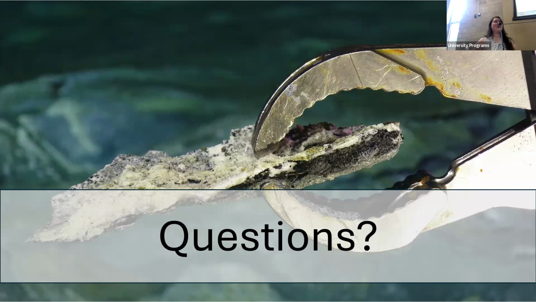Okay, so the first question was, these organisms are growing in sediments on a geological timescale. So what is the growth rate of these organisms, and how long do I expect it to take me to be able to do my growth experiments?